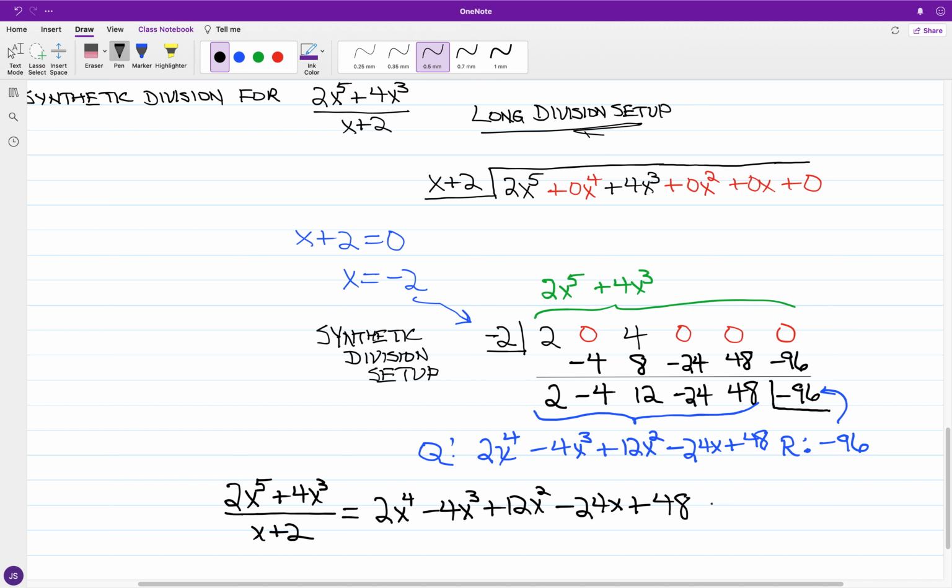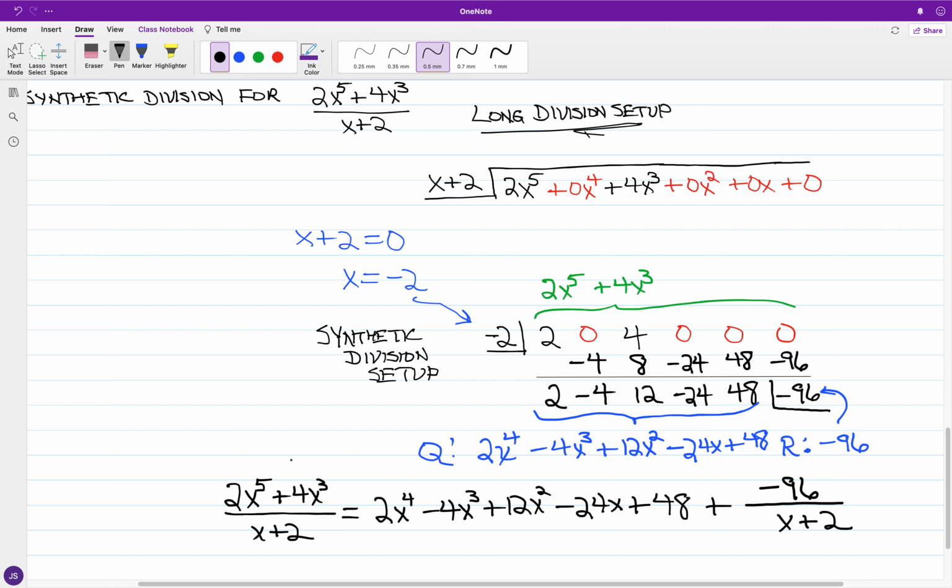And then with the remainder, you have negative 96, and you have over the divisor, so that is going to be all over x plus 2. So you got your quotient and the remainder of negative 96, and again, we have all over x plus 2. So that will be, once again, the expanded notation for this brand of polynomial division.